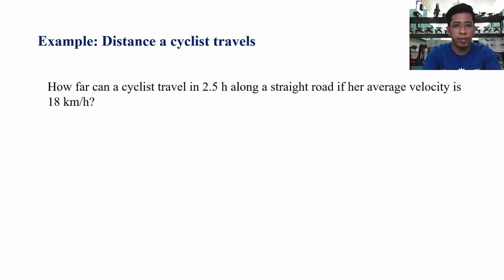Let's have another problem. This is on the distance a cyclist travels. How far can a cyclist travel in 2.5 hours along a straight road if her average velocity is 18 kilometers per hour?